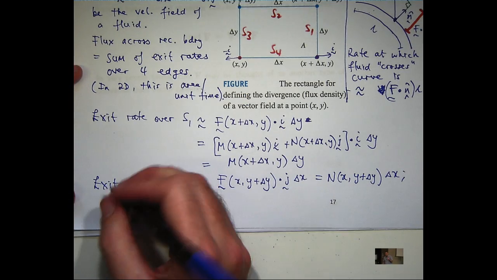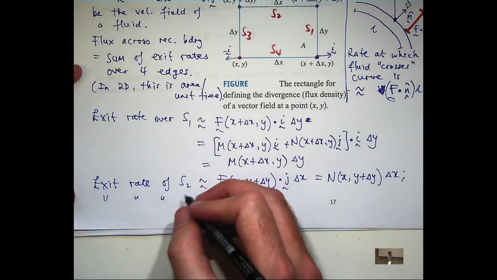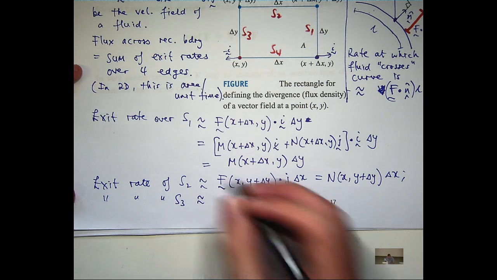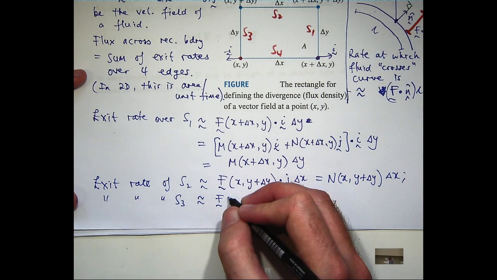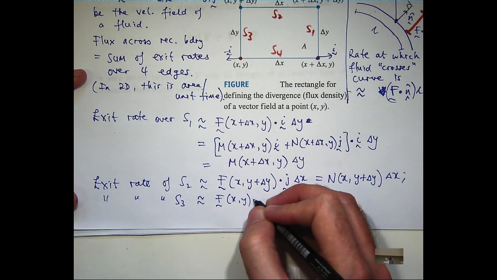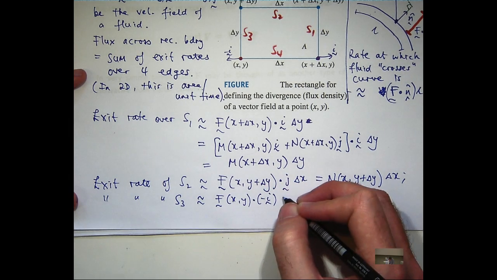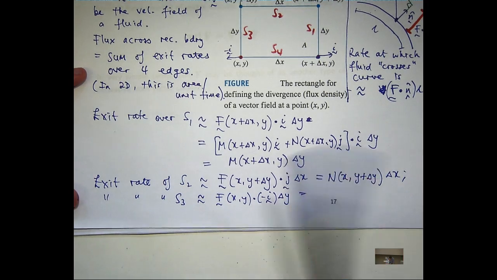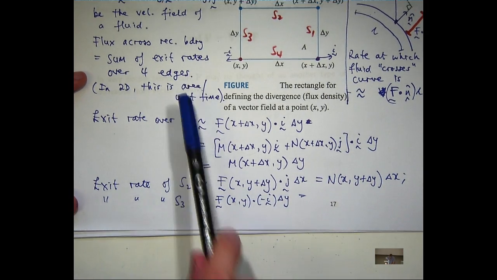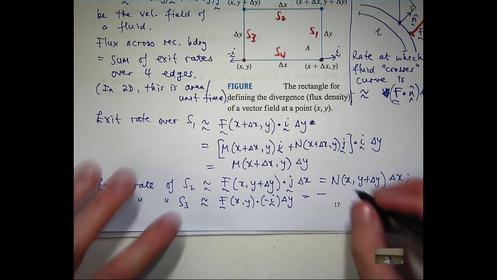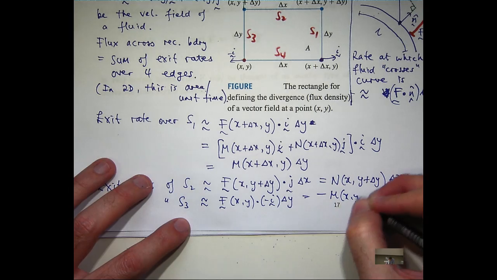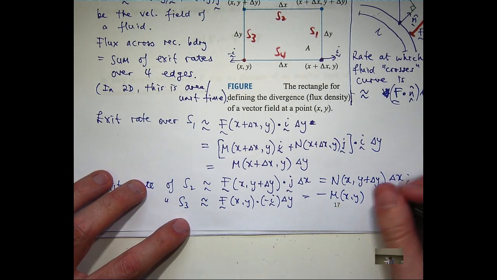So if you do that, you'll get the following. Okay, again, if you go through and work out this dot product in terms of these component functions, you'll get minus m(x, y) times delta y.